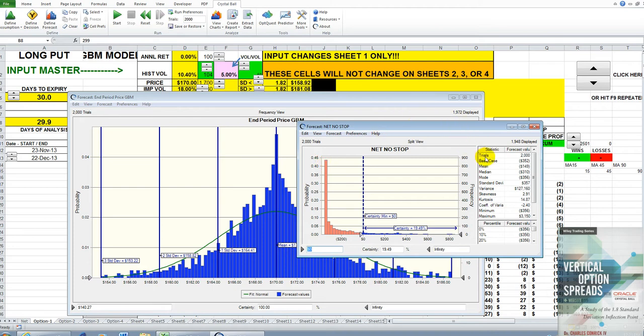The expected average gain has gone from a negative 31 to a negative 149. So that's a quick review, and it gives you at least an understanding of how the spreadsheet works insofar as stretching out days of analysis. I wanted to get that clear to you right away.